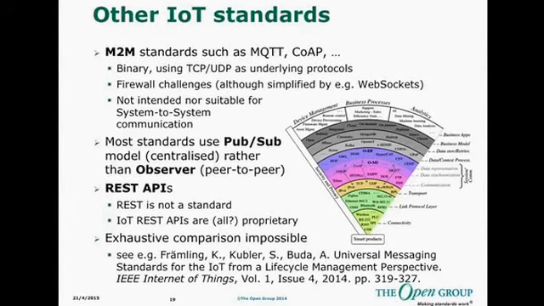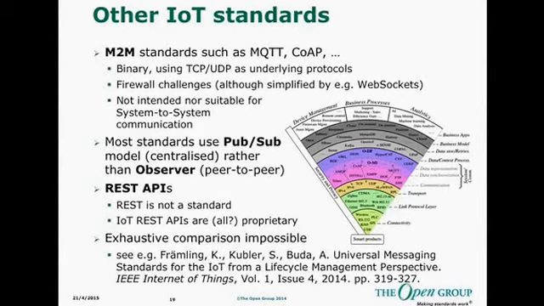So then the other end of the standards perspective are the REST APIs. Now there are many Internet of Things platforms and systems and applications that provide you with REST APIs for communicating with them, but in reality, as you know, REST is not a standard, it's just an architectural model of how you should build web systems.